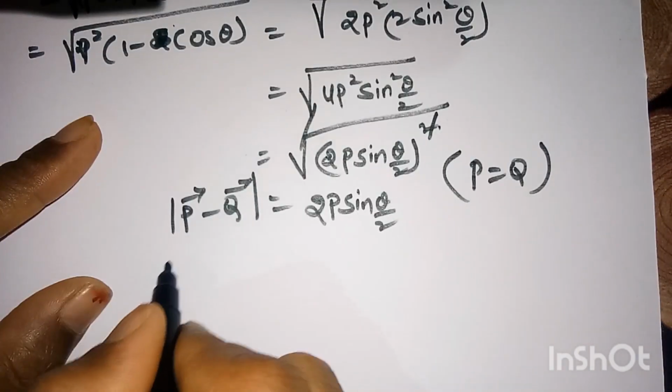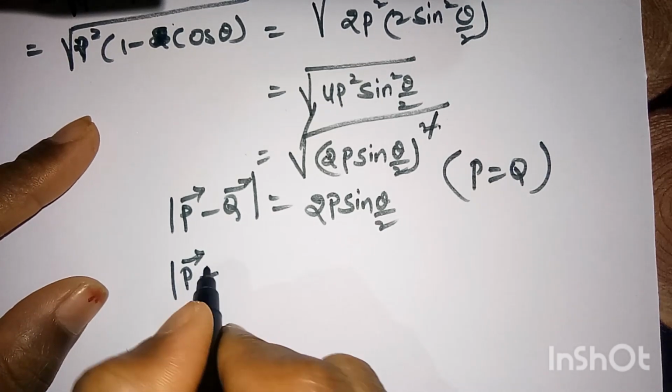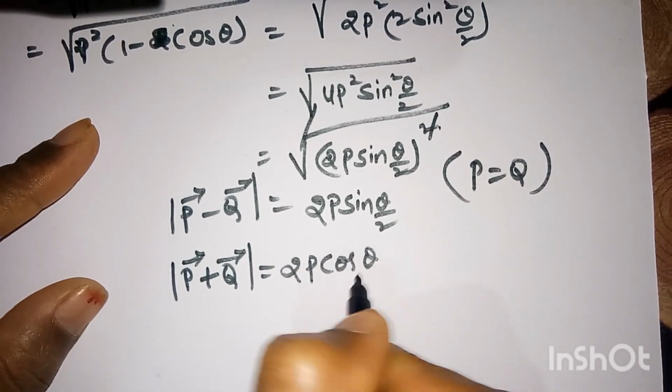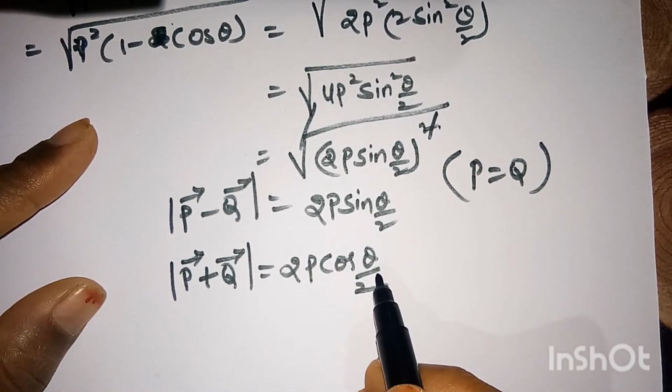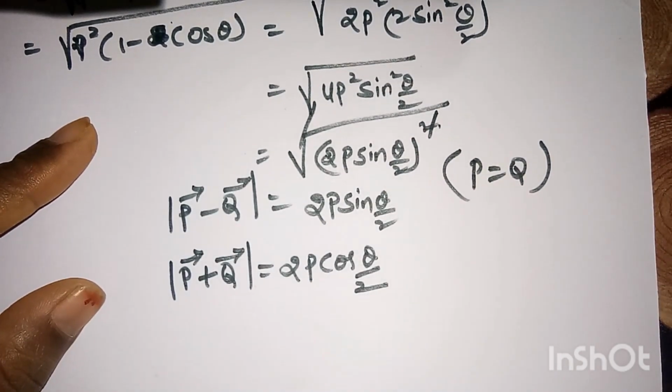So the magnitude of the difference of two vectors when p equals q is 2p sin theta by 2. The magnitude of the sum of two vectors you got as 2p cos theta by 2. So the magnitude of p bar plus q bar is 2p cos theta by 2, and the magnitude of p bar minus q bar is 2p sin theta by 2.